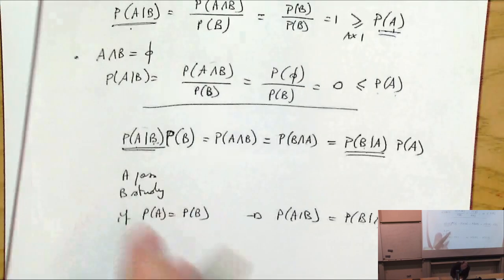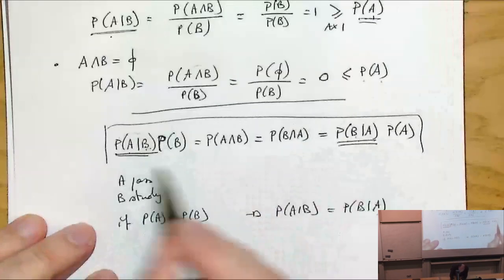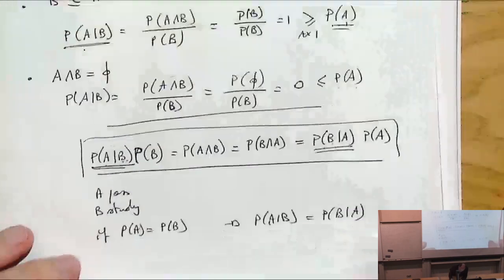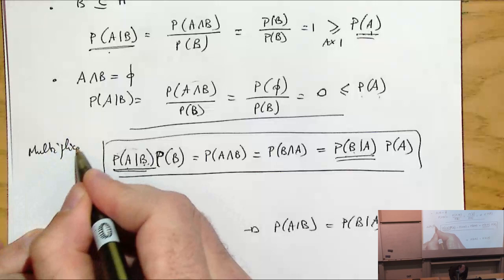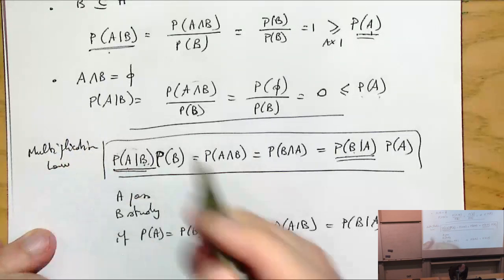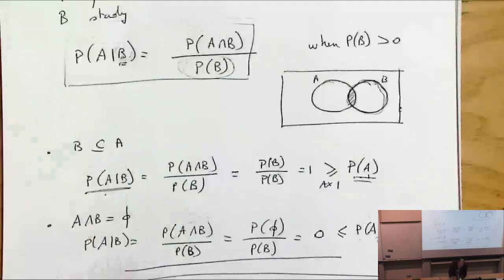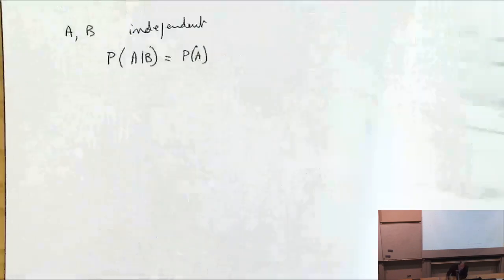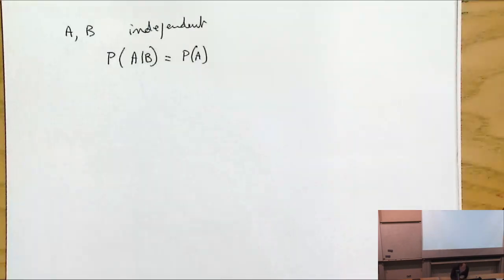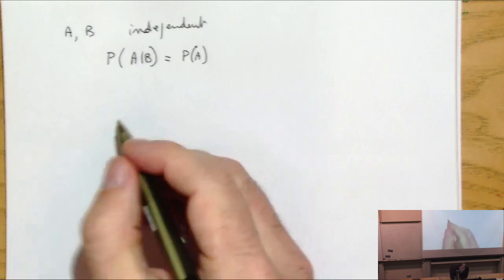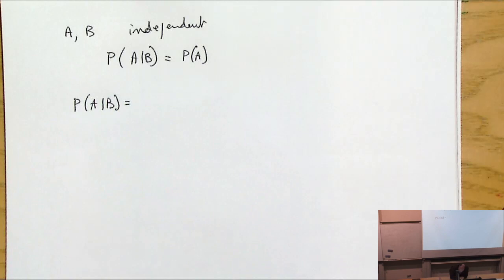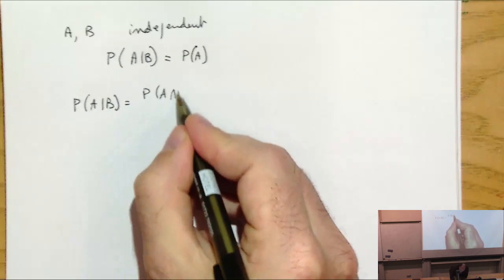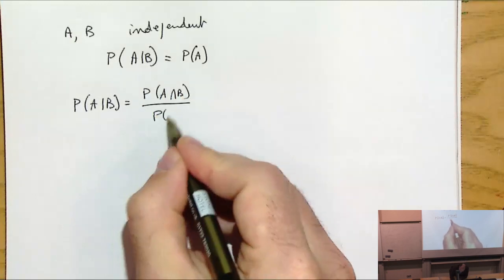And so if I reuse this relationship that we had here, which is called the multiplication law, it's nothing else than rewriting the definition of a conditional probability. So if A and B are independent, then what can I write? P of A given B is equal to P of A intersection B divided by P of B, right?